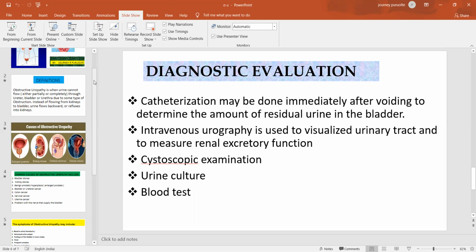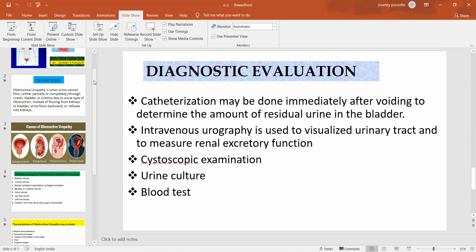When the urine doesn't pass through the ureter, we do this catheterization, mainly to determine the amount of residual urine, the amount of urine present in the bladder.